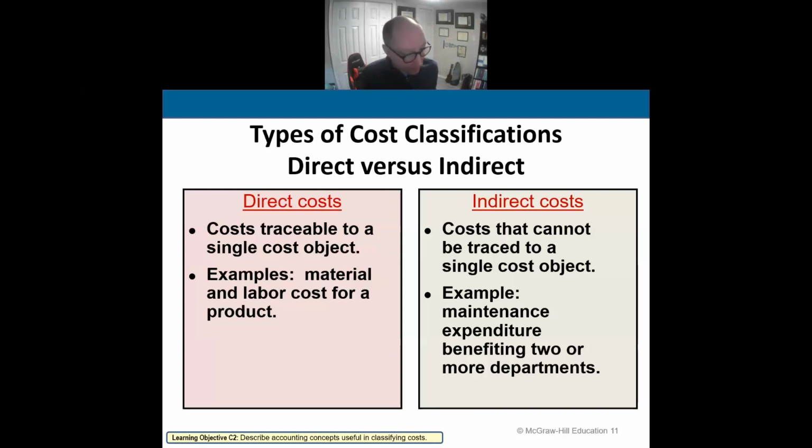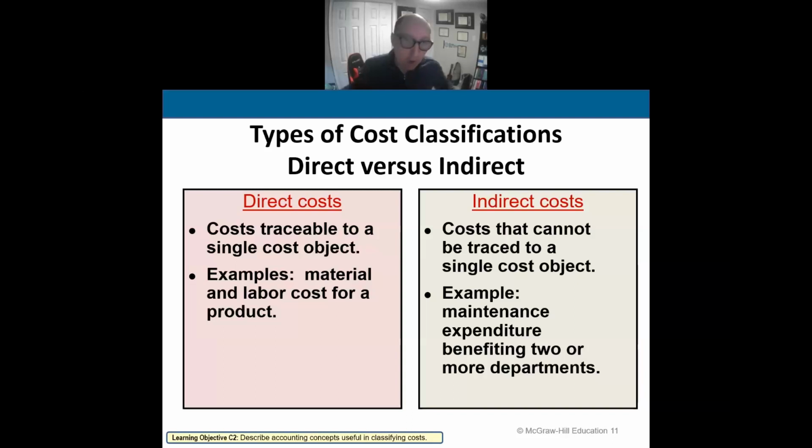Direct labor are the employees that are directly involved in the manufacturing process. These are the people that are actually doing the work on the assembly line. So direct materials and direct labor, those are direct costs. I can track their cost directly to the product. That's why we call it direct cost.